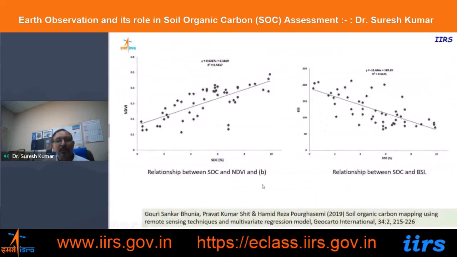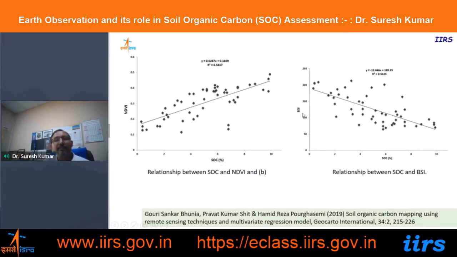One study was published recently in 2019. You see the relationship between NDVI and soil organic carbon: as soil organic carbon is increasing, NDVI is also increasing. So you can say crop growth performance increases with the increase in soil organic carbon content.